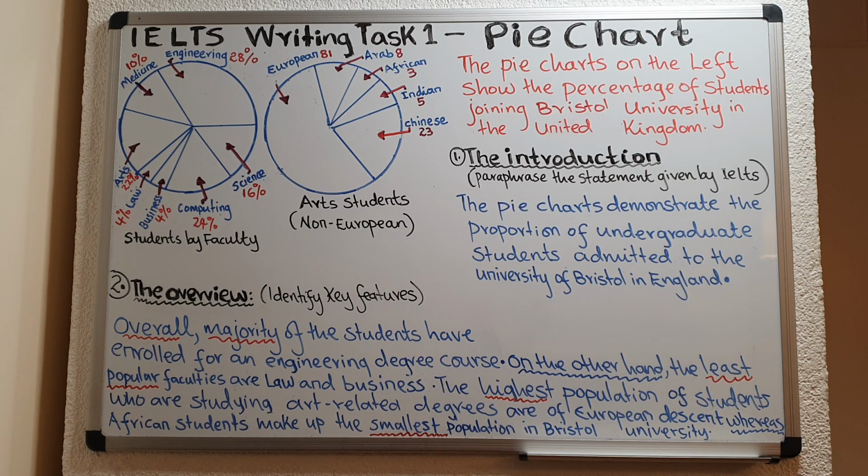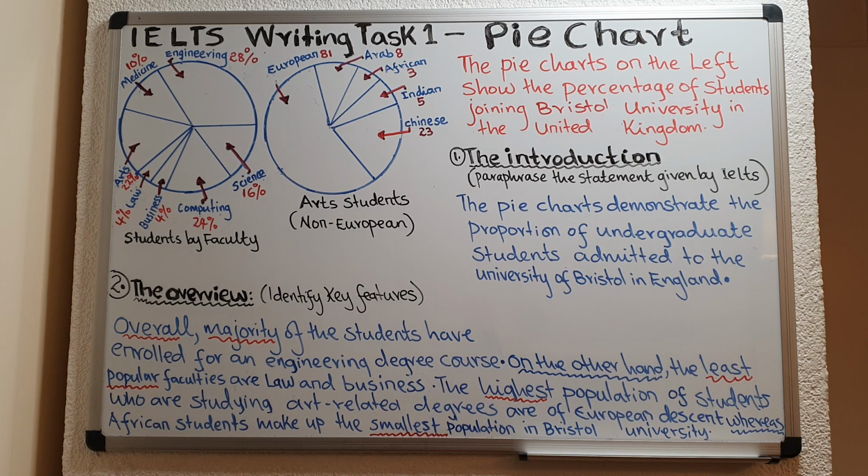So, how you structure your paragraphs, how you use linking words, for example, how you use comparative words. The next thing you will be assessed on is your vocabulary. And finally, you will be assessed on grammar.